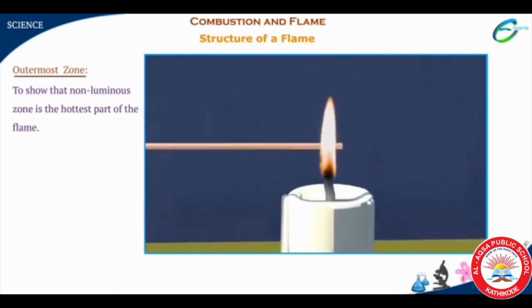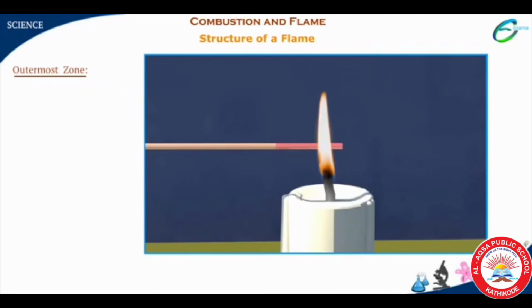And after some time we can see that the copper wire turns red hot. This indicates that the outermost zone is the hottest part of the flame. That is, the temperature is high there.